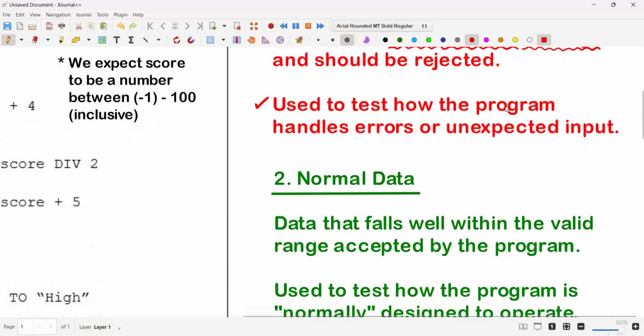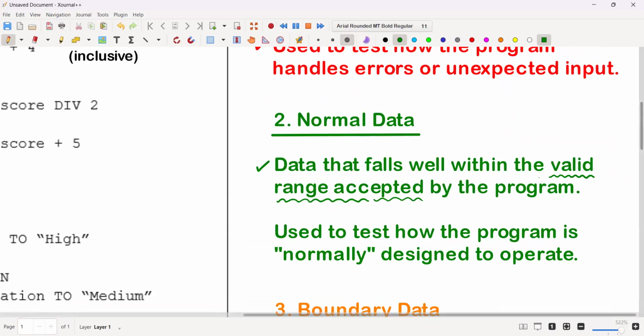Then we have normal data. This is the good data, the data that falls well within the valid range accepted by the program. We use normal data to see if the program behaves normally, to test how the program is normally designed to operate.